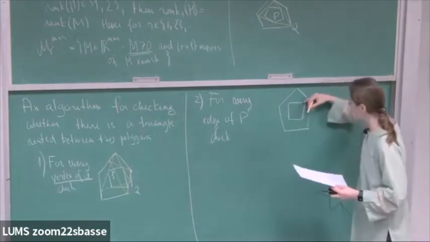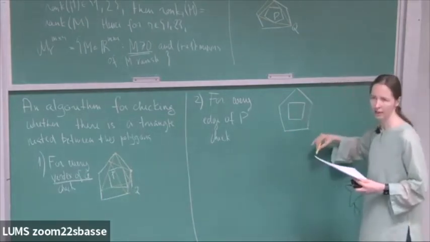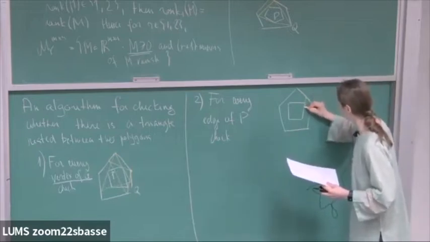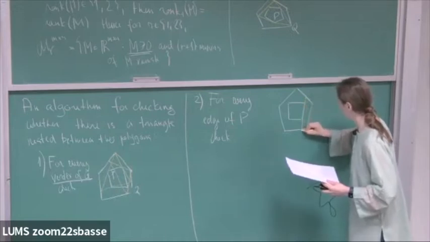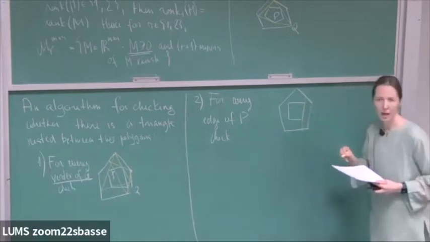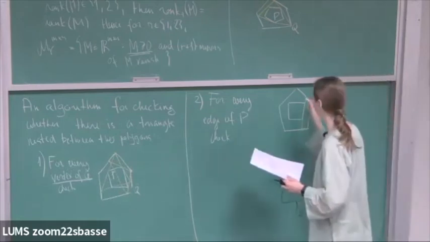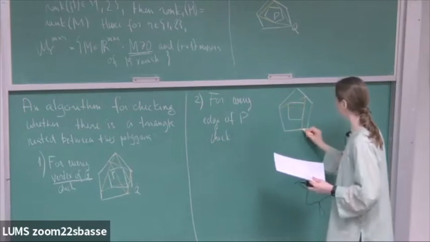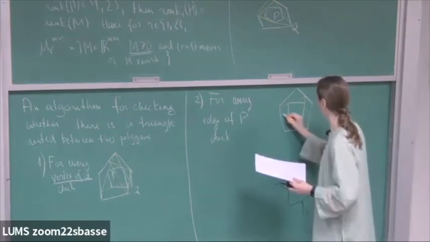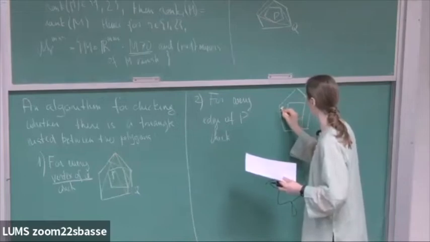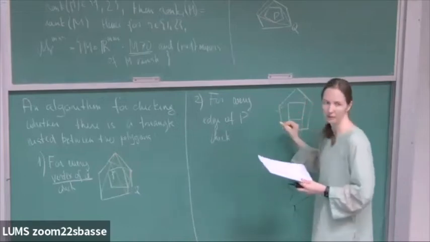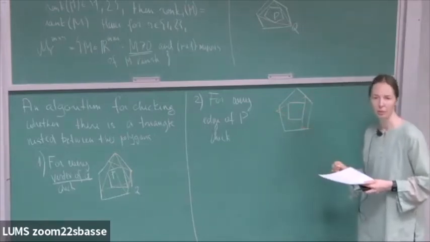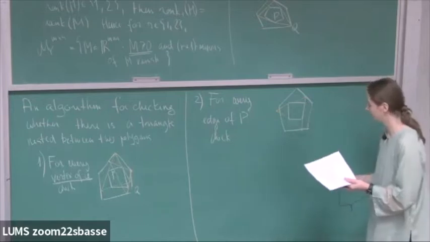So now I select an edge of the inner polytope and I extend it to the boundary of Q. I find these 2 points and I find supporting lines from these 2 points to P, meaning this one and this one, and I extend those lines until they intersect, and I check if this intersection point is inside the polygon. So here again, that wasn't good.